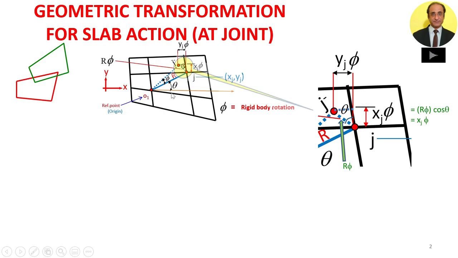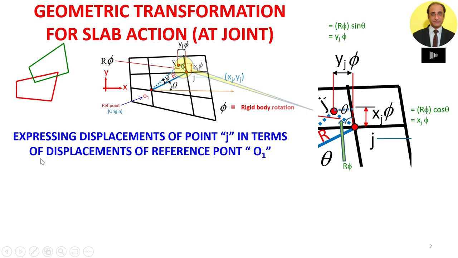Theta is the angle which the line joining the reference point with point j makes with the x-axis, and similarly in the other direction, this is the sine component, and r sine theta is nothing but the value of y. So we need to express all the displacements of this point j in terms of the reference point O1.